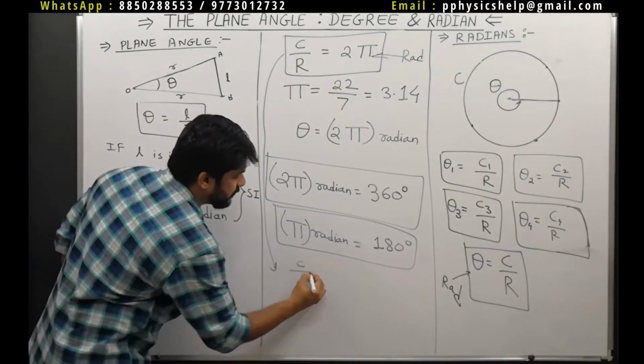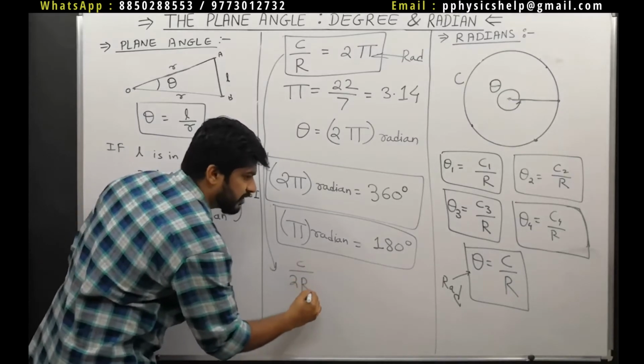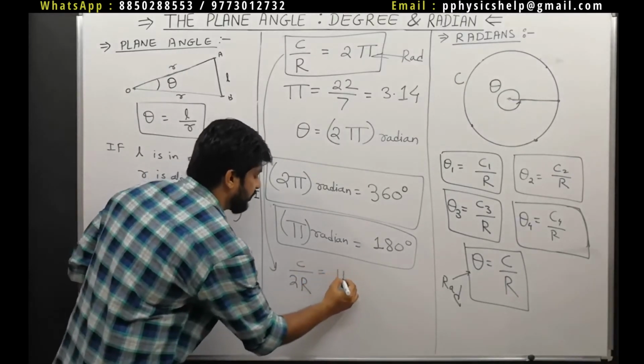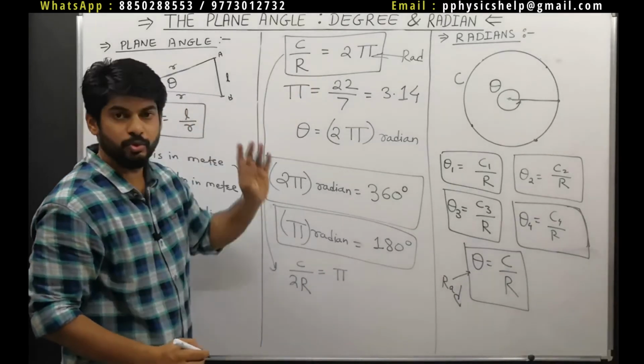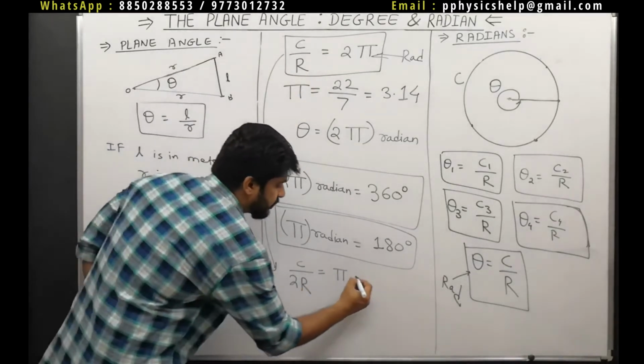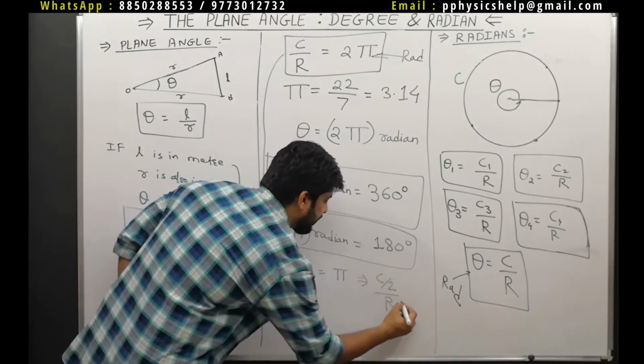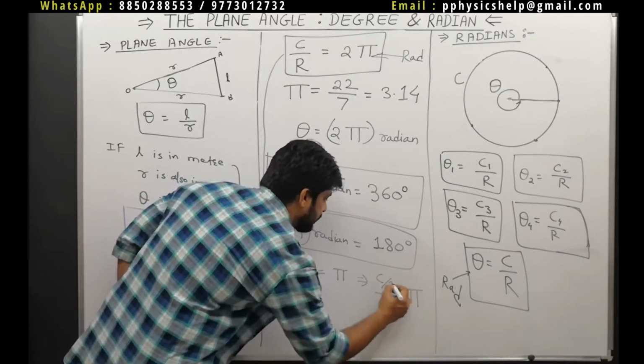So it will be c by 2r equal to pi. I can also write this as c by 2 upon r is equal to pi.